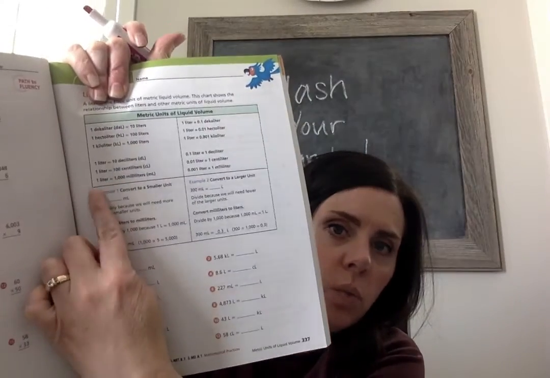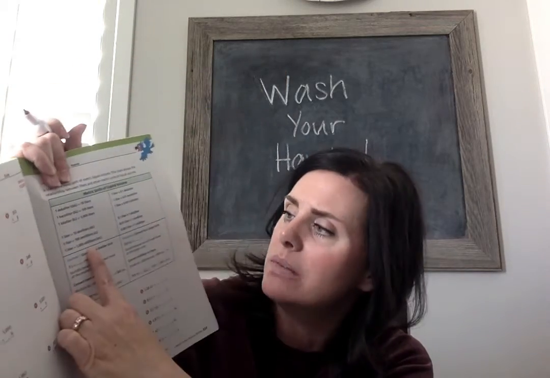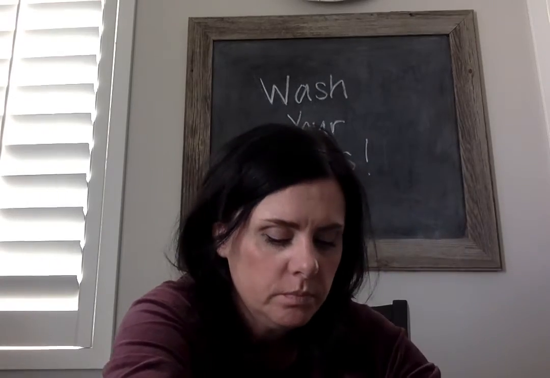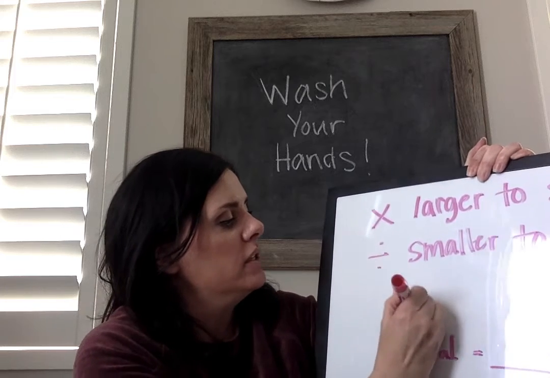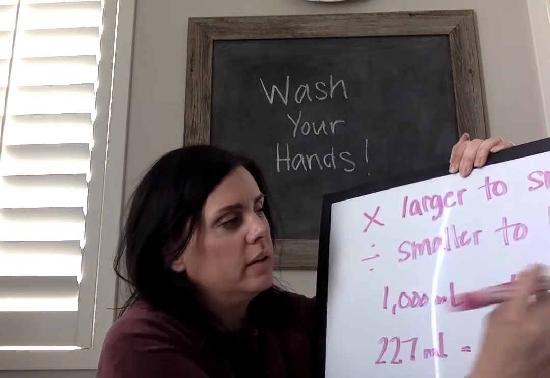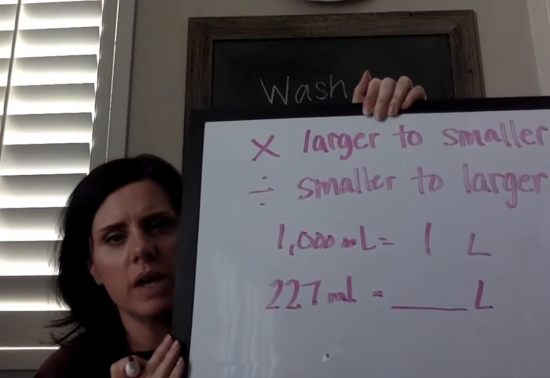There's 1 liter for every 1,000 milliliters. It takes 1,000 milliliters to fill up that 1 liter bottle, right? Okay, so there's 1,000 milliliters for every 1 liter. Okay, so here's my conversion. That's what I've got to take a look at.